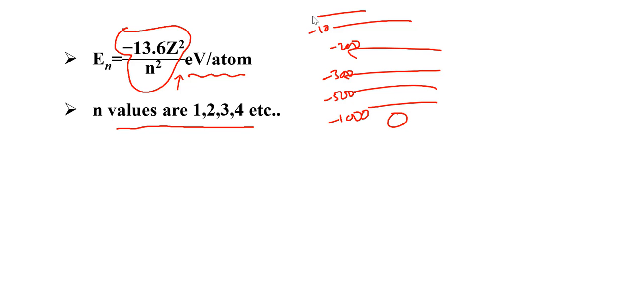So whenever 0 is there, the nucleus's influence becomes 0. In that case, the electron can easily escape from the atom.